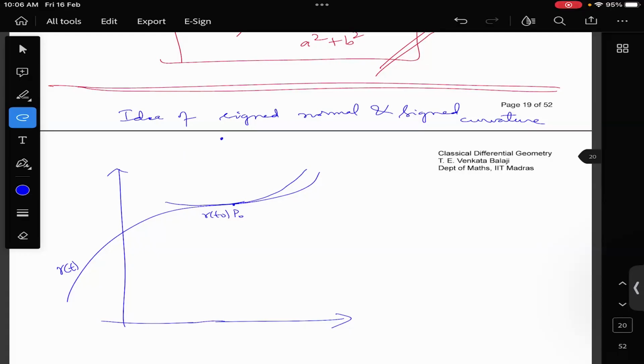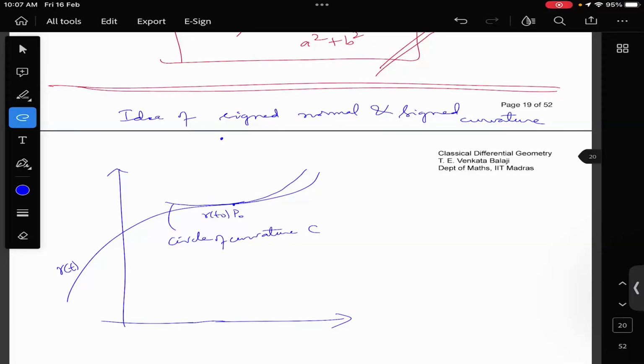This is the circle of curvature, or rather a part of it, because I have to draw a very large circle, since the portion where I have drawn it is more or less straight. It will be a circle with a large radius, and the radius of curvature is the reciprocal of the curvature. So the curvature will be very small. The larger the radius of the circle of curvature, the smaller the curvature. So this is the circle of curvature at p naught, C sub p naught.